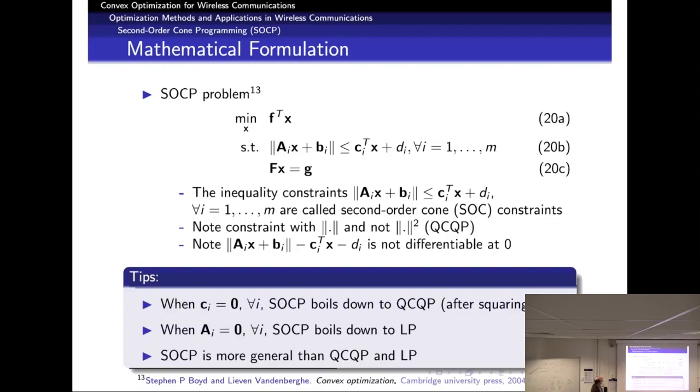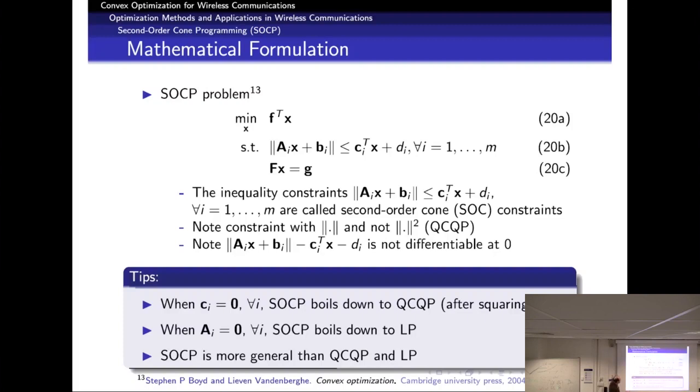And it's different from QCQP because you don't have this square here. A QCQP would typically have a square there, because the square of a norm you can expand, and it looks like x squared plus a linear part plus some constant.